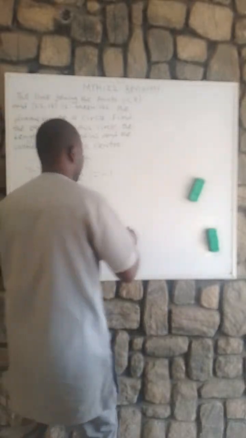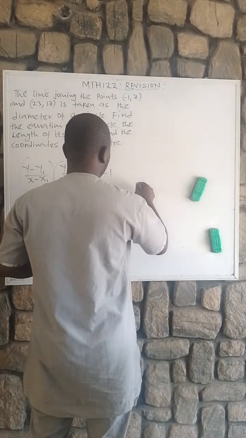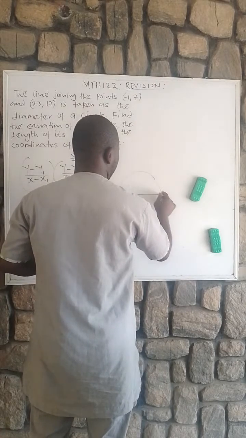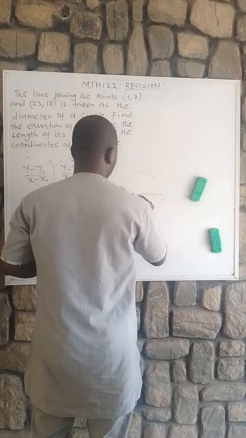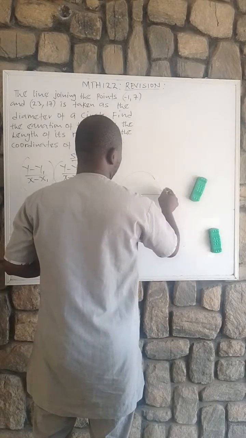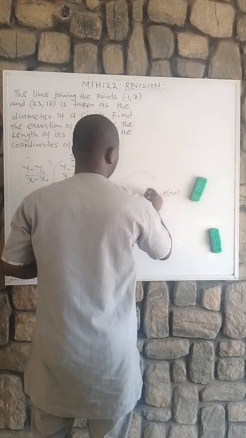You go back to the equation of the circle, where the center is minus g, minus f. Then this is point P, x comma y, and this is the radius.